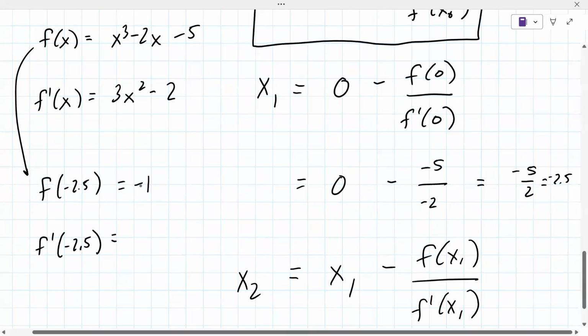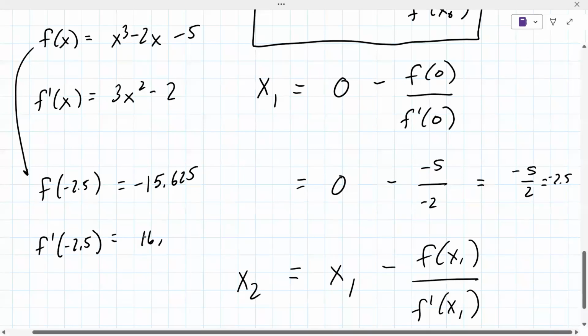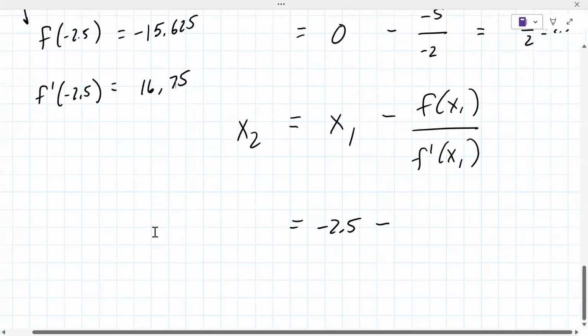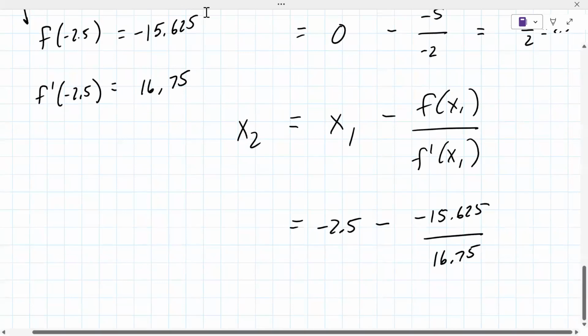Right, so for the first one, I get minus 15.625. Or I would double check these, if you don't mind. It's 16.75. Okay. All right, so where does that leave us? This right here over 16.75.